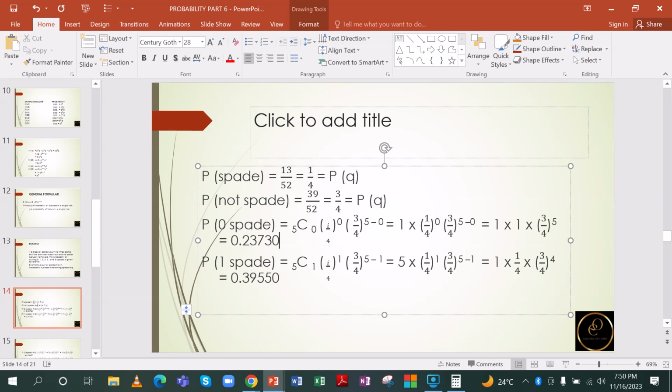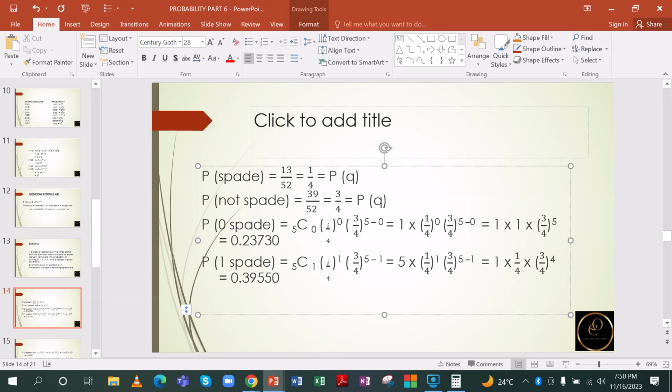To simplify, the first combination, if you work it out, will be 1. Then times 1 over 4 raised to the power 0; any number raised to the power 0 is 1. Then the next one is 3 over 4 raised to the power 5 minus 0, which is 3 over 4 raised to the power 5.